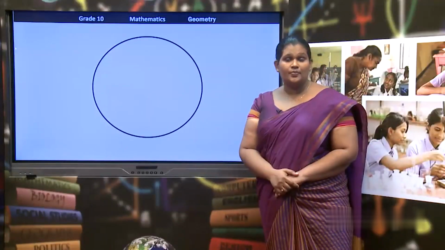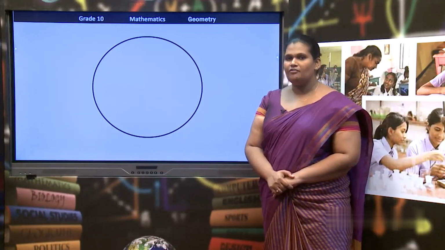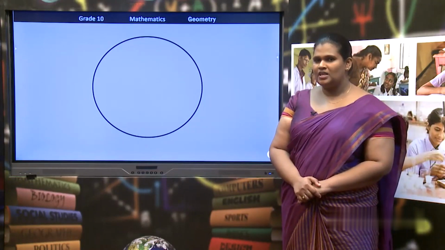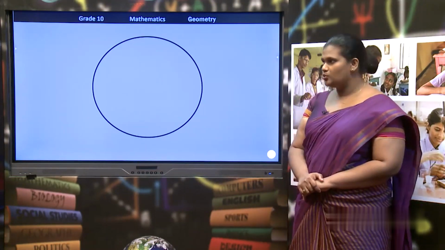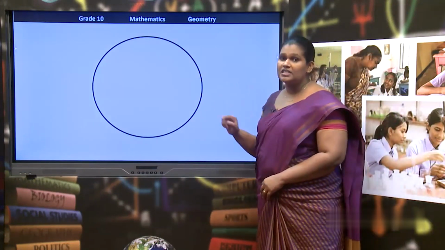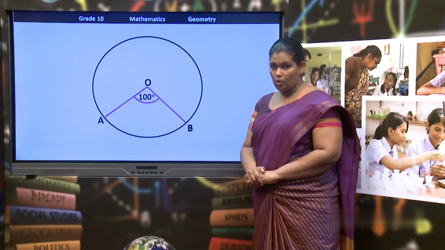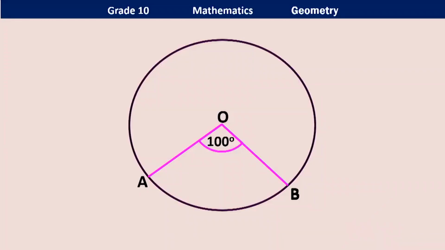Now, that is about the second theorem we have learned. Using the knowledge of the first 2 theorems, check whether you can understand this one. Here I have got a circle. The center of the circle is O and I have marked a minor arc AB, and here we have marked an angle AOB, which is the angle subtended on the center of the circle by the minor arc AB.